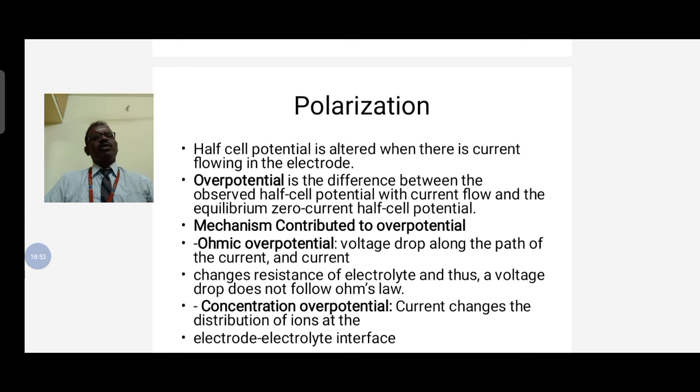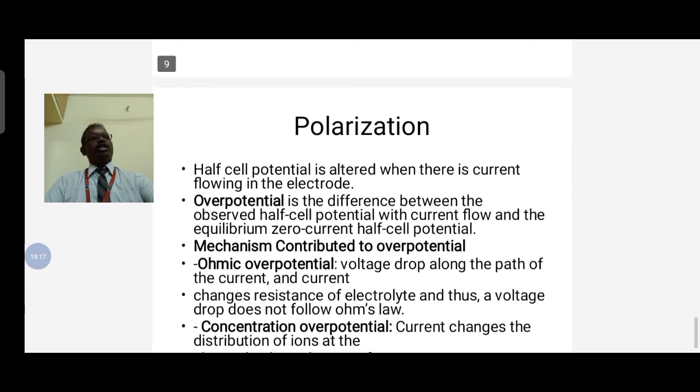These are the various signals from the human body, converted using different types of electrodes. These are the basics of different types of electrodes.